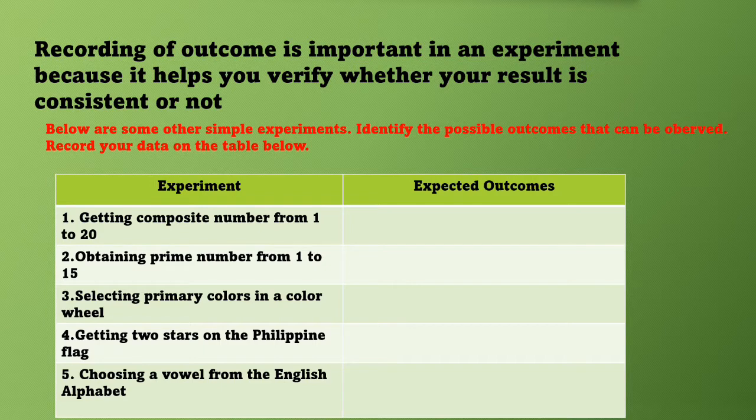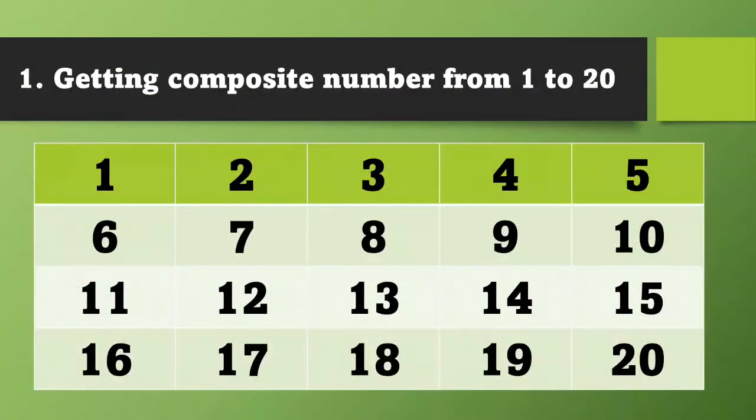First one, getting composite numbers from 1 to 20. So we are going to identify what are the composite numbers. And what is a composite number? Composite numbers are numbers which have 3 or more factors.